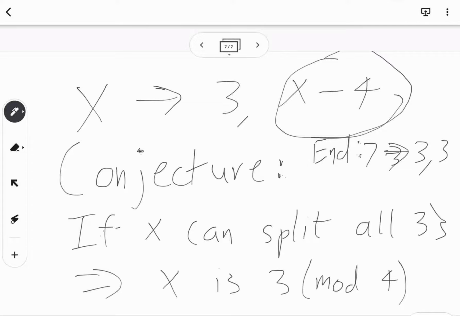type of invariant, and the invariant here is x should be 3 mod 4, right? That's something that does not change. Then we want to somehow prove this using some other invariant. And I'll show you what I mean. What you notice is that if you have something like x, you go to a and x minus a minus 1, or like this characterizes all possible moves, right?